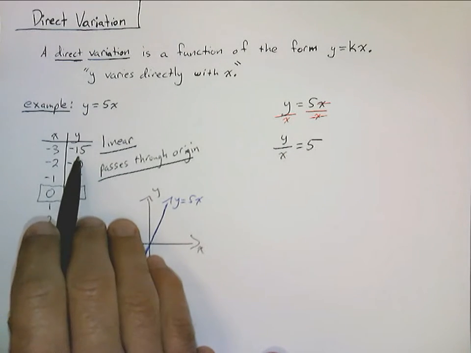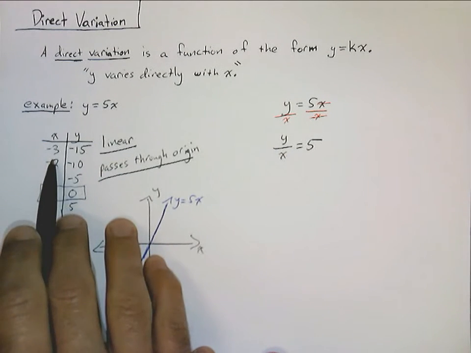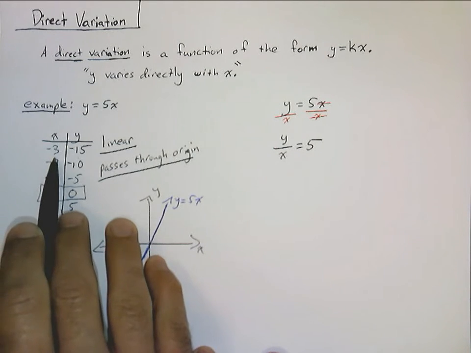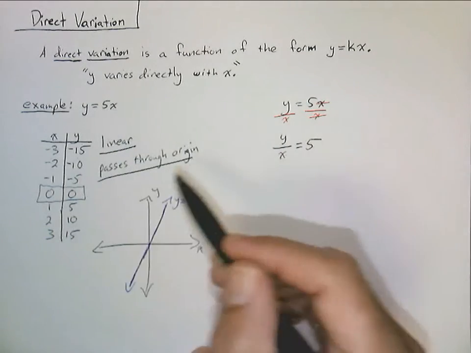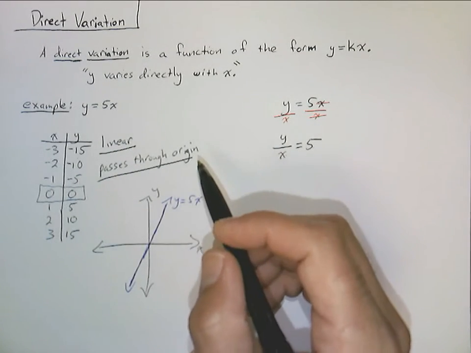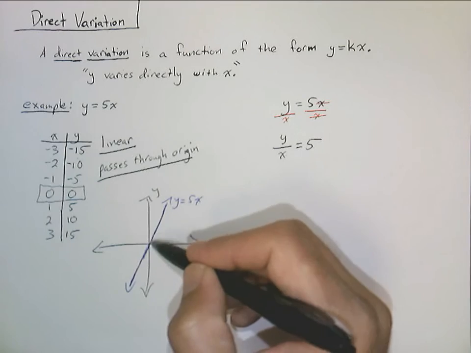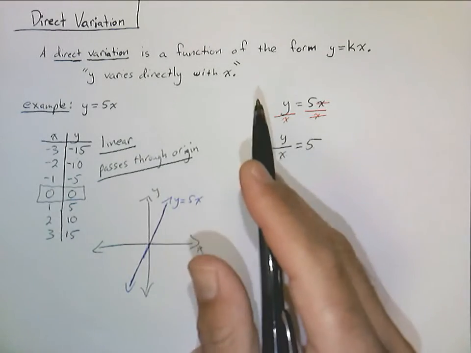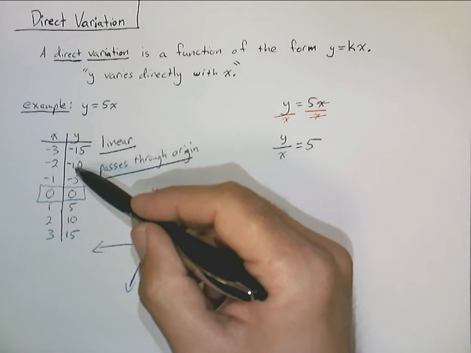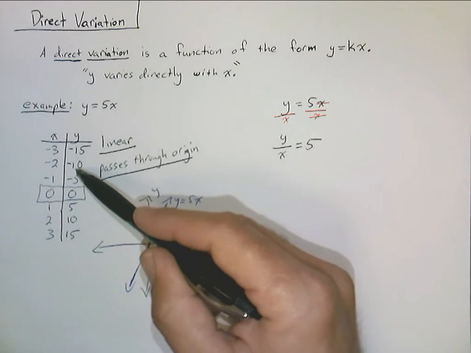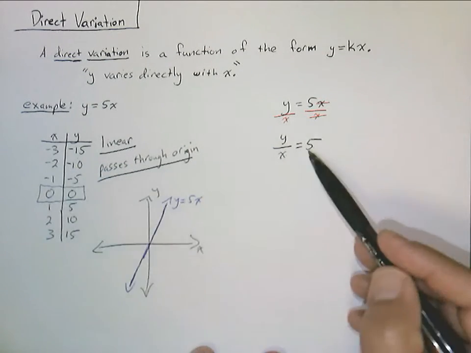Like over here, the y is negative 15 when the x is negative 3. So negative 15 divided by negative 3 gives us this value 5, which we see up here too. That doesn't happen in linear functions that don't pass through the origin. And there's more to it than that, and we'll get into that a little bit more when we start talking about other linear functions. But again here, negative 10 divided by negative 2 is of course 5.